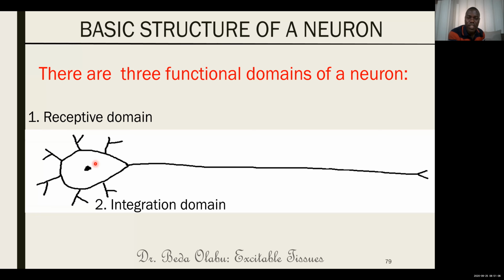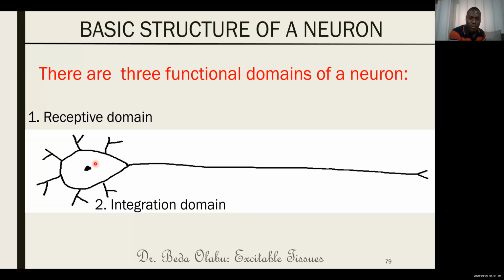And that gray matter can qualify to be called either cortex or a nucleus, depending on where it is located within the central nervous system. If it is in the outer parts of the central nervous system, for example, the outer layer of the brain, then you call it cortex. But if it's deep inside the brain, you call it nucleus.